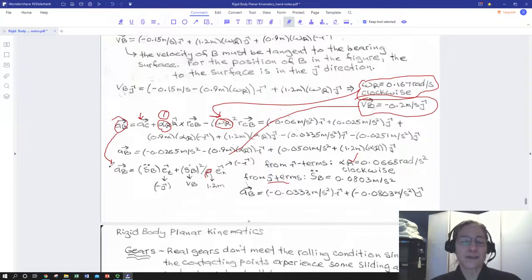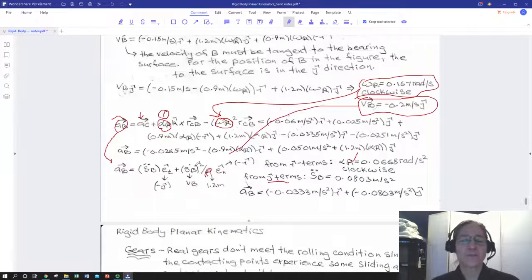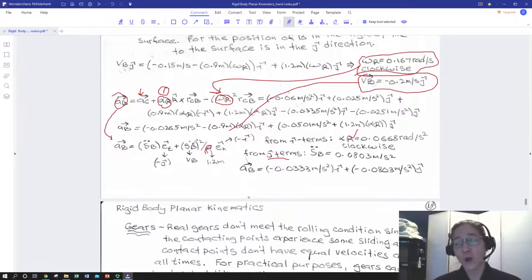So by using this second equation, I can now solve for both components of the acceleration of point B, the i hat and the j hat, because in this case, conveniently, we're in another orientation where our tangent and normal coincide again with i hat and j hat, except opposite than what we did down at the bottom.